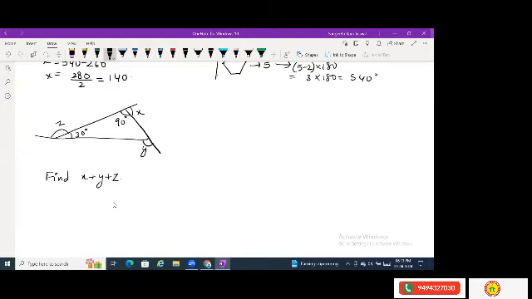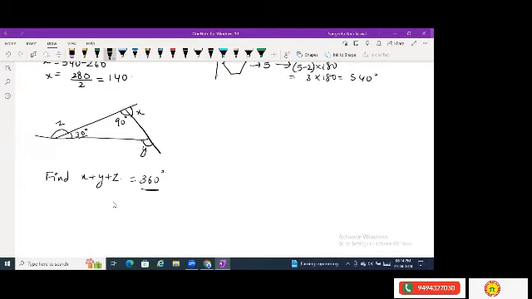So we had to find the angles here, the exterior angles. We know with the property that the sum of the exterior angles of any polygon is always 360 degrees. This we already know, no? So x plus y plus z is 360. But individually, if we take like this, the sum of interior angles of a triangle is always 180 degrees.